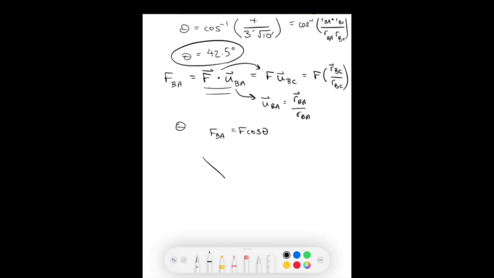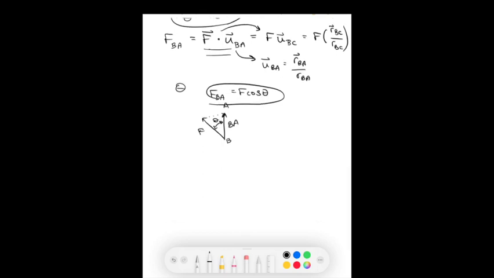Because by definition, we defined theta as the angle between F and the line BA from B to A. So we can just find it using F cosine theta. So I'm going to do it that way because it's easier.